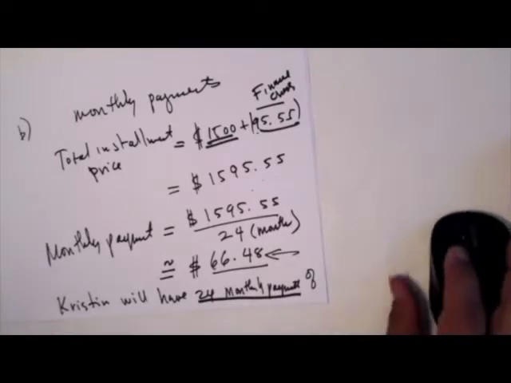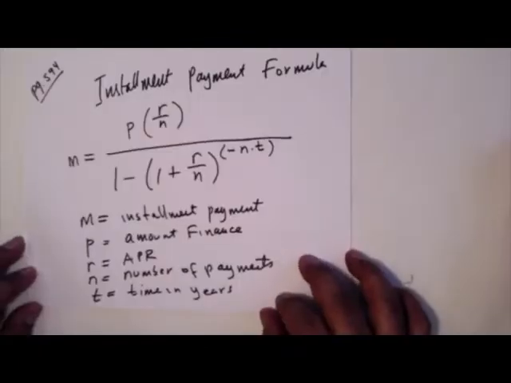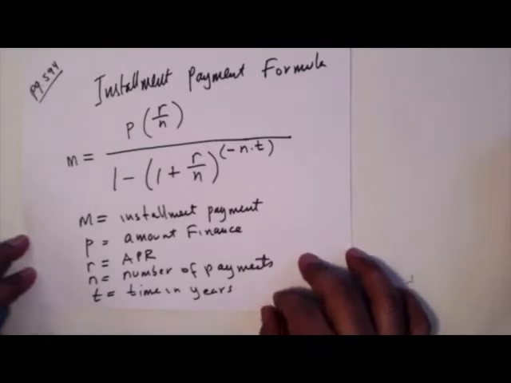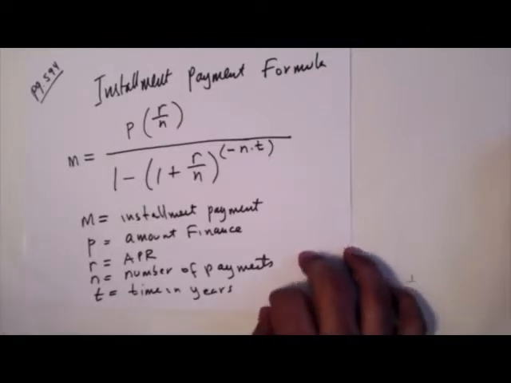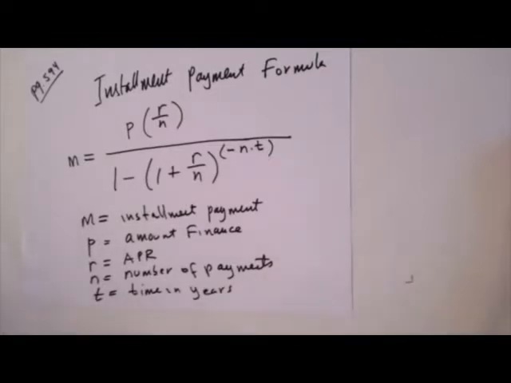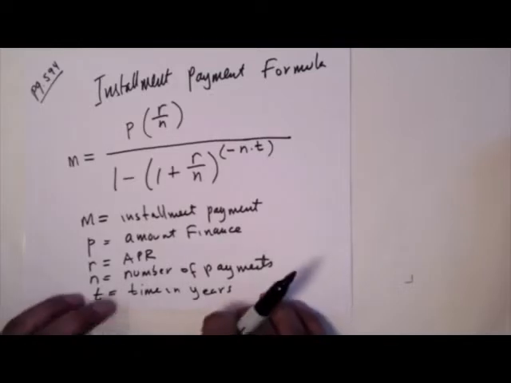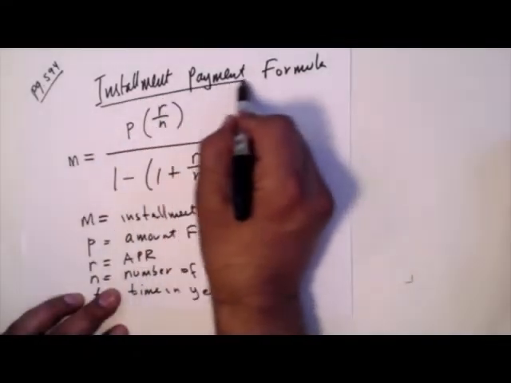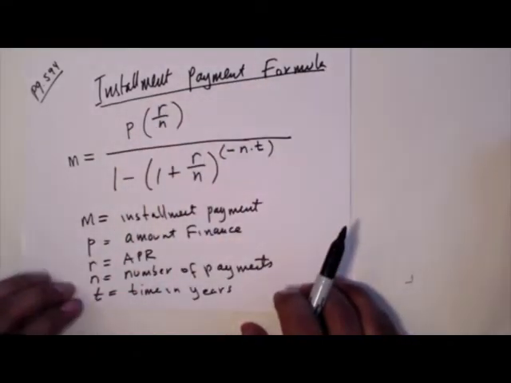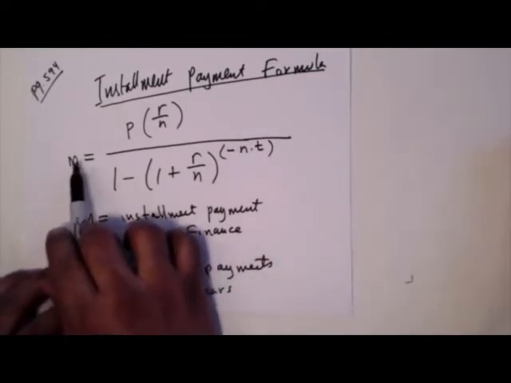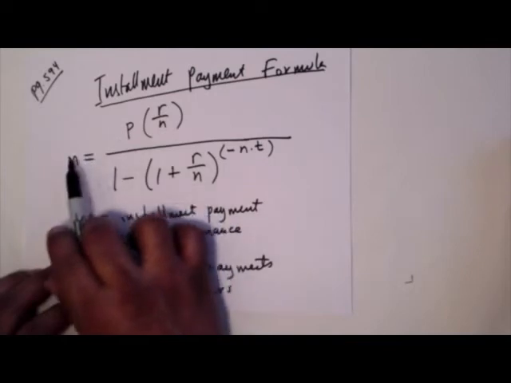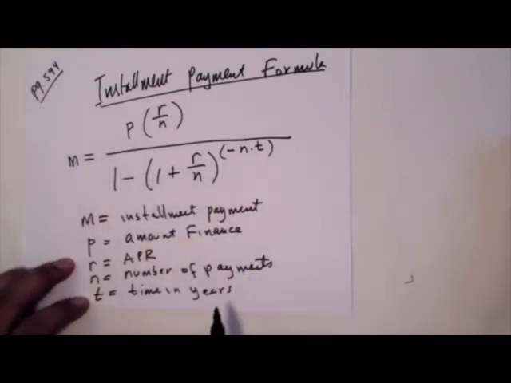We can use a formula to solve the previous problem that we did in example 1, the installment payment formula. When using a formula, as we've done before, we need to understand what each variable means.